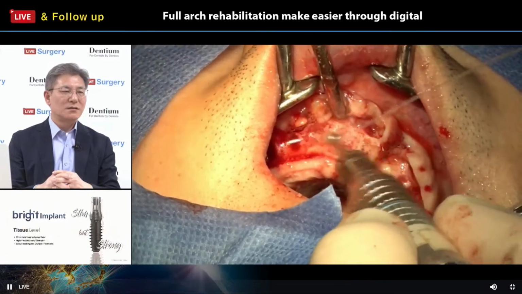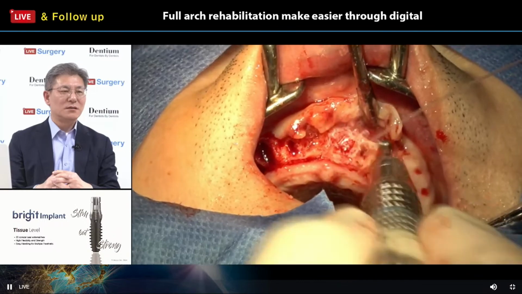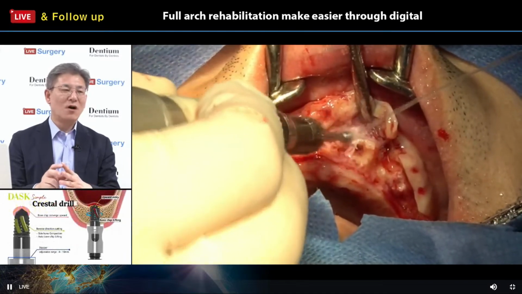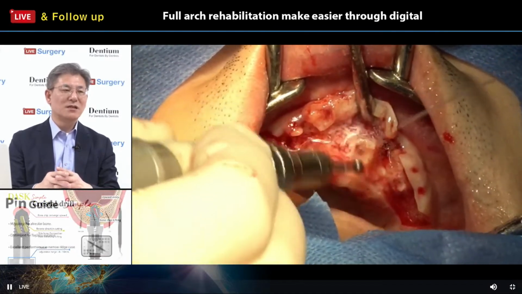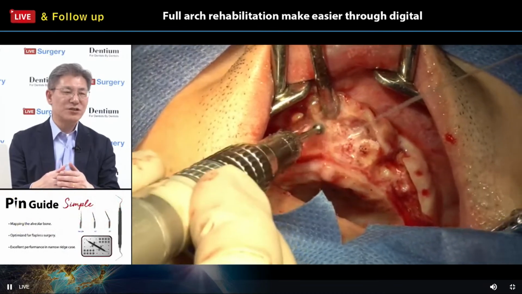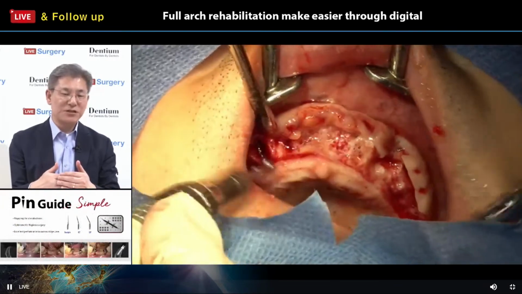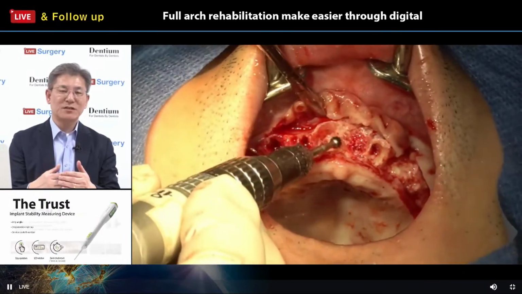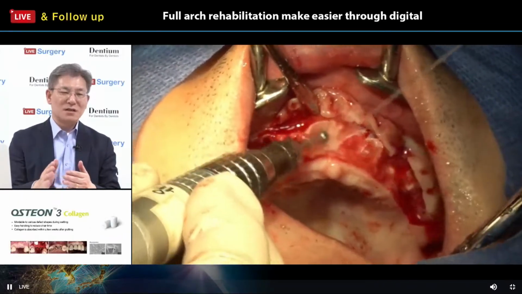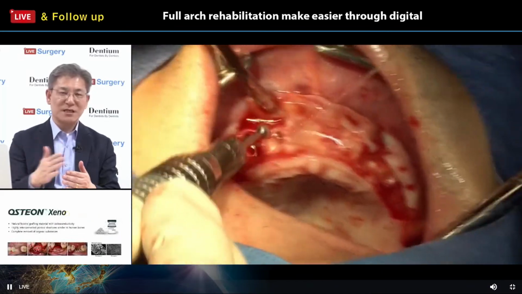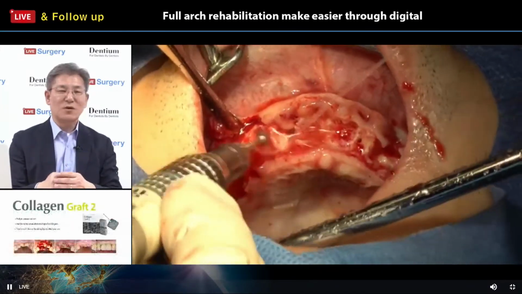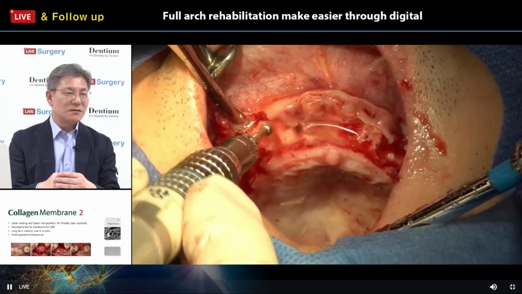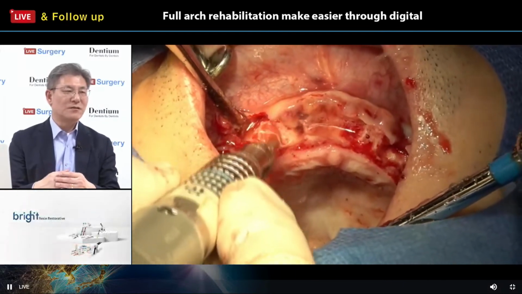Okay. Using this round bur has two obvious purposes. The first one is removing the whole remnant of the granulation tissues and inflammatory tissues, and another purpose is promoting activation of the surface bone area. So we scratch and remove the surface cortical bone, and sometimes that activation promotes new bone formation, right?